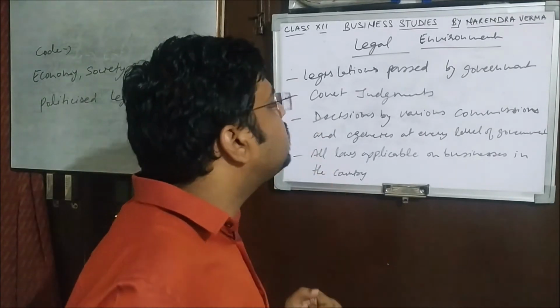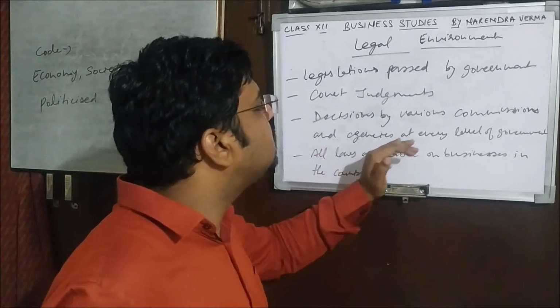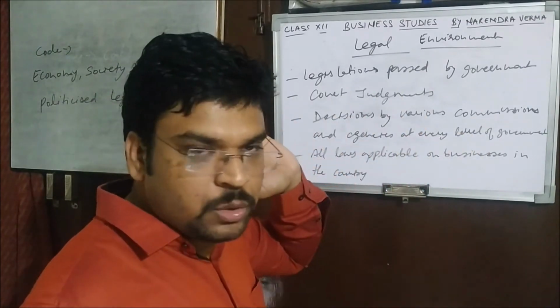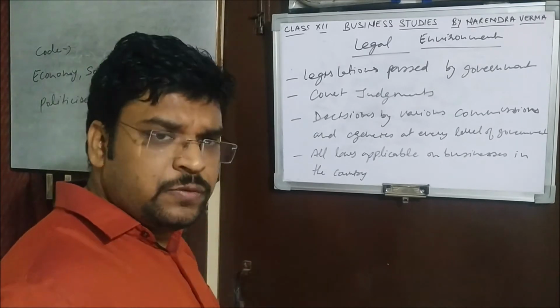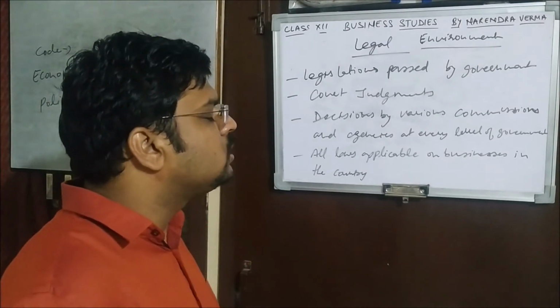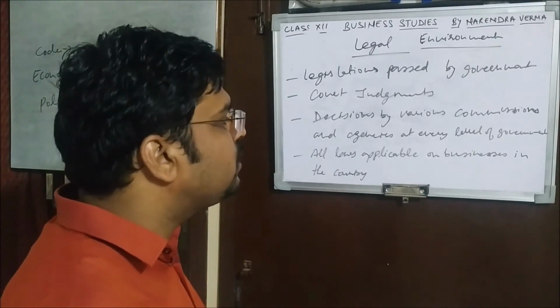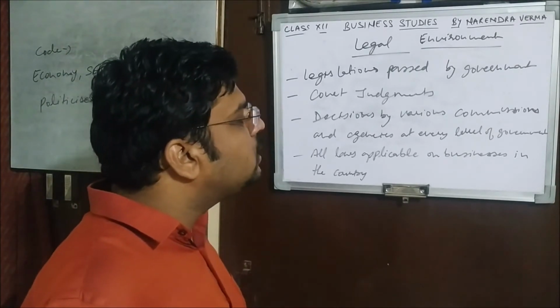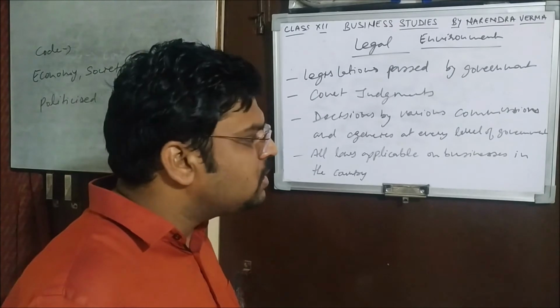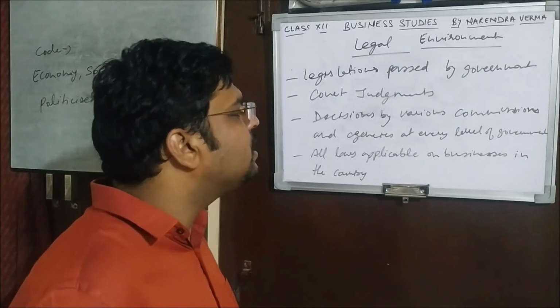Now, decisions by various commissions and agencies at every level of government. There are various kinds of commissions. For example, in future you will be studying the chapter on the Consumer Protection Act. There are three levels of representation: the district forum, the state commission, and the national commission.